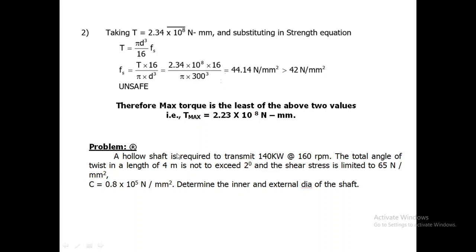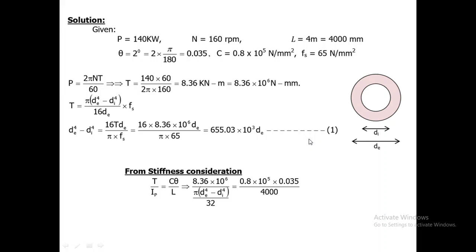Similarly, we have the next problem, a hollow shaft, where the power is given at 160 rpm, the angle of twist is given as 2 degrees over a length of 4 meters, and the shear stress is given as 65 megapascal. Rigidity modulus is given, and you have to find the internal and external diameter. First, write down all the given data in the same units.